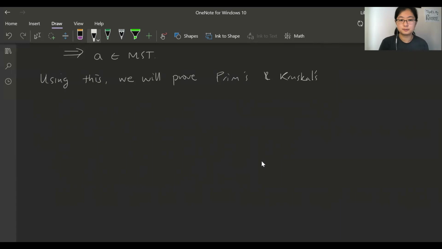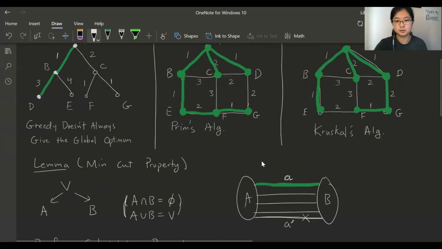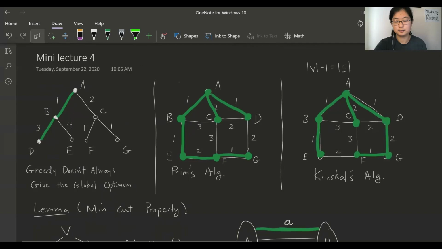All right, let's look at Prim's. So the general idea of Prim's on a high level is that you have some tree so far. And we can say that my set A is all the vertices already in the tree so far. So these are the already traveled vertices that we've marked in solid green.